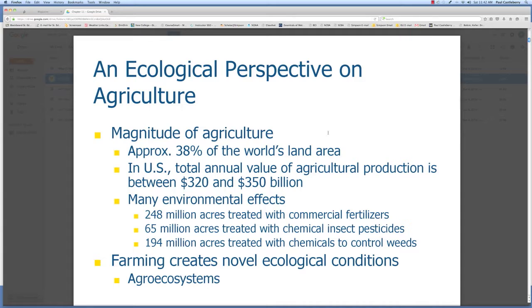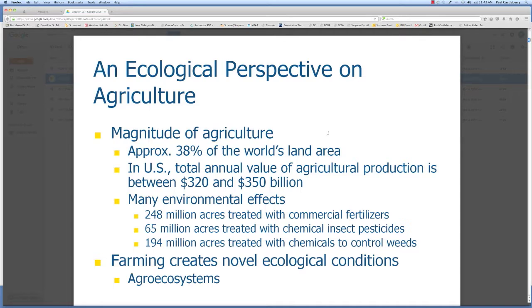Approximately 250 million acres are treated with commercial fertilizers. About 65 million of the acres are treated with chemical insect pesticides. And then about 194 million acres are treated with chemicals to control weeds. And something else, there's also a biological component to controlling pests that we'll talk about a little bit later.